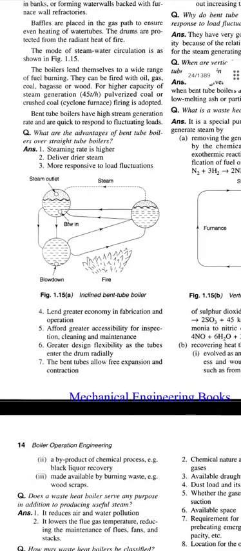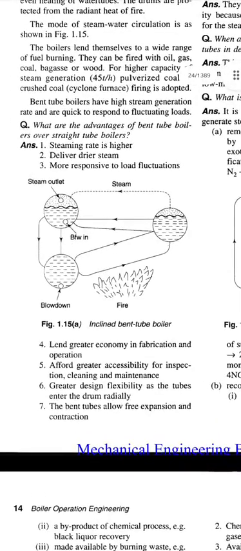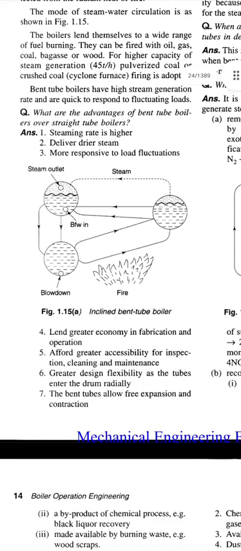Here the first question: what are the advantages of bent tube boilers over straight tube boilers? Answers: steaming rate is higher, delivers drier steam, more responsive to load fluctuations, lends greater economy in fabrication and operation, affords greater accessibility for inspection, cleaning, and maintenance, greater design flexibility as tubes enter the drum radially.